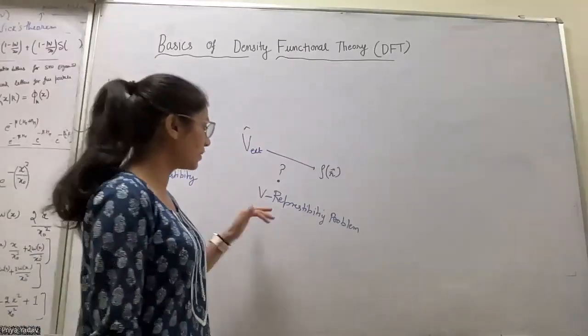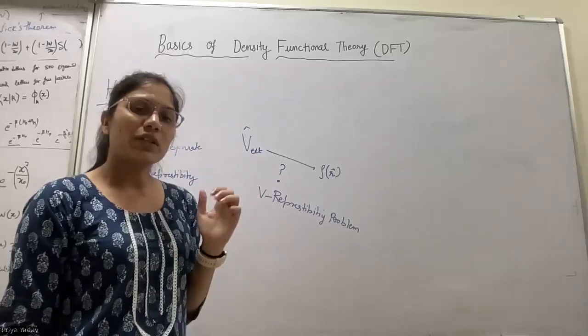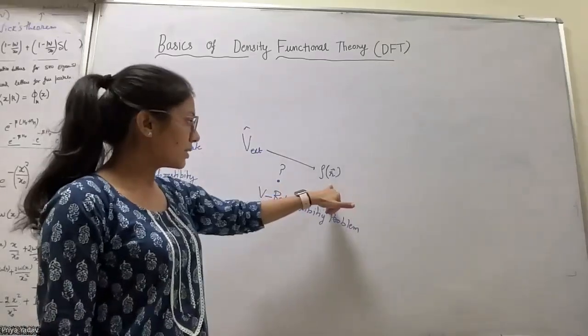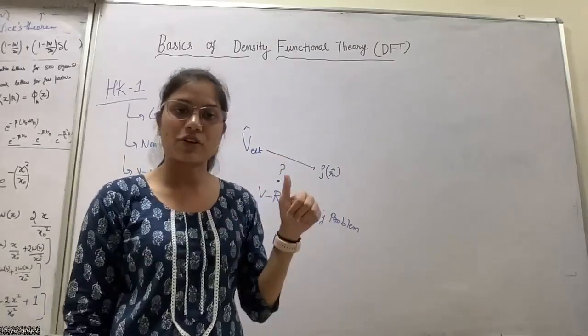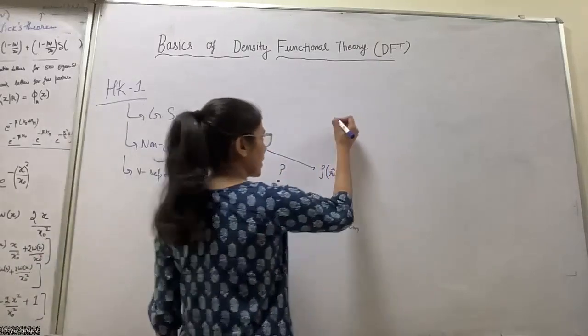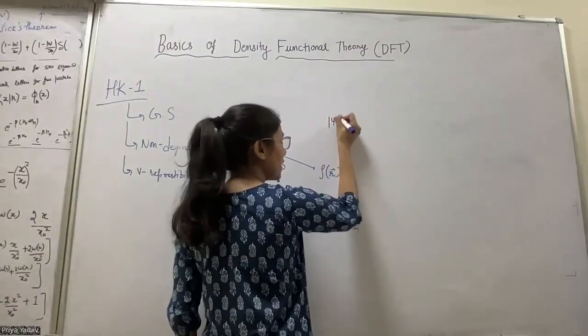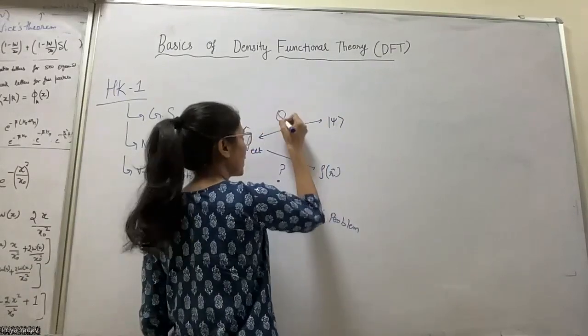So this is known as the V representability problem. What we do is that we know this electron density is coming from a wave function, though we are not using the wave function directly. If that wave function is antisymmetric and valid, I know that this mapping exists in quantum mechanics.